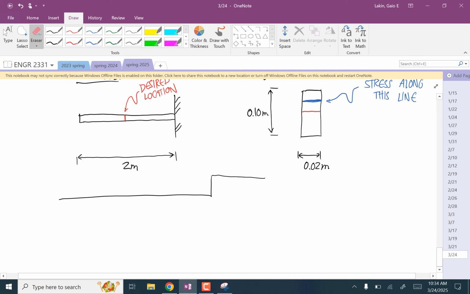So the first cut. We're just trying to find it at a location, but I might as well do a full mathematical cut, so this is for x between 0 and 2.